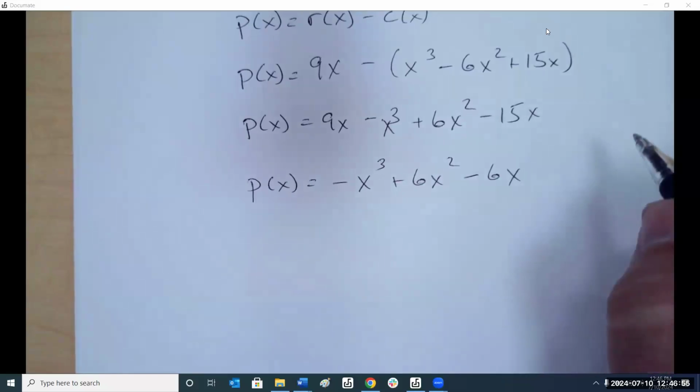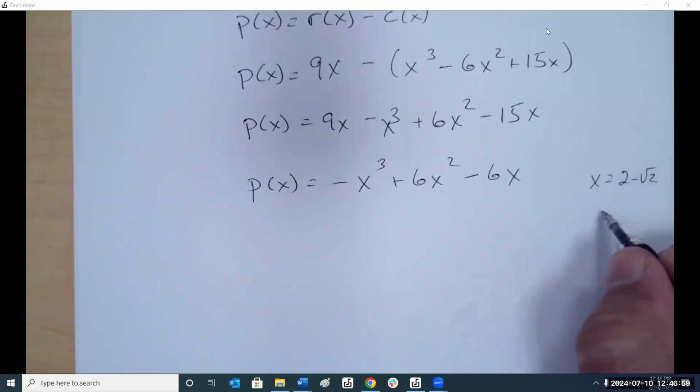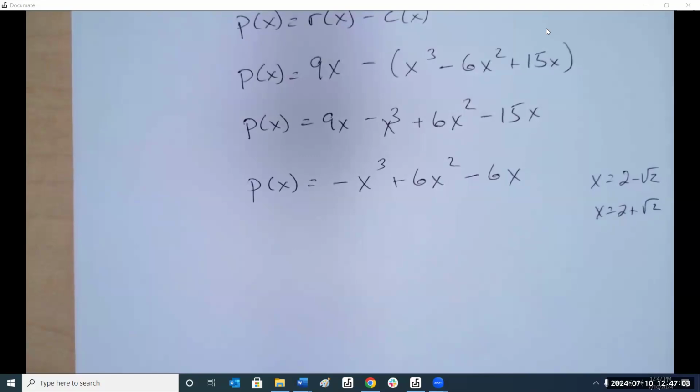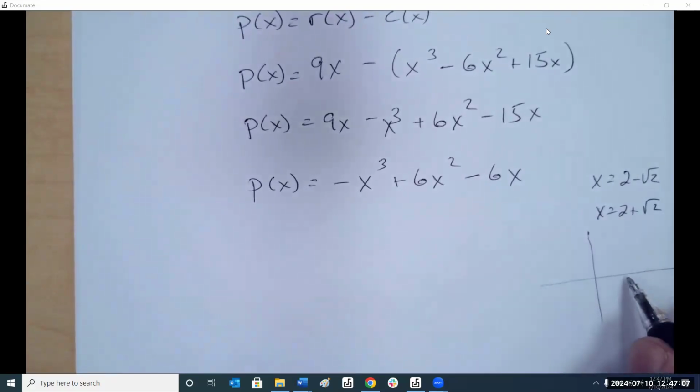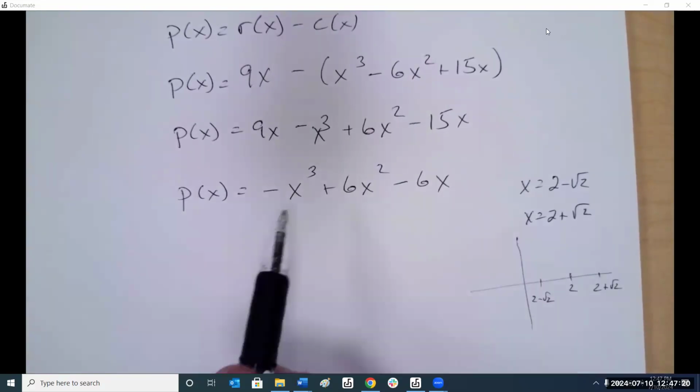What can you tell me? Because remember, our x values we're looking at are 2 minus radical 2 or 2 plus radical 2. If we look at a number line, here's 2. This is 2 plus radical 2, and this is 2 minus radical 2. What do we know about this graph?